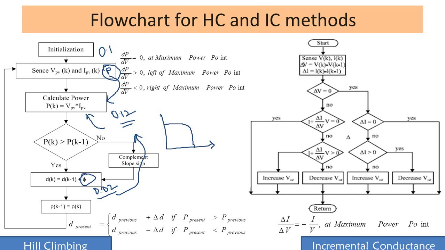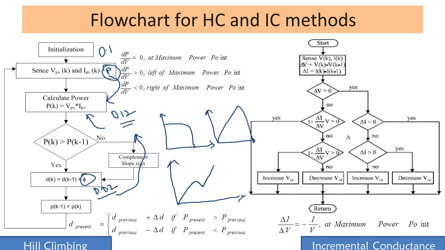As I have already told you, I am drawing the IV characteristics and the PV characteristics on your PPT to make you understand. Now you have a problem. Now you would have understood what the perturb and observe algorithm is.